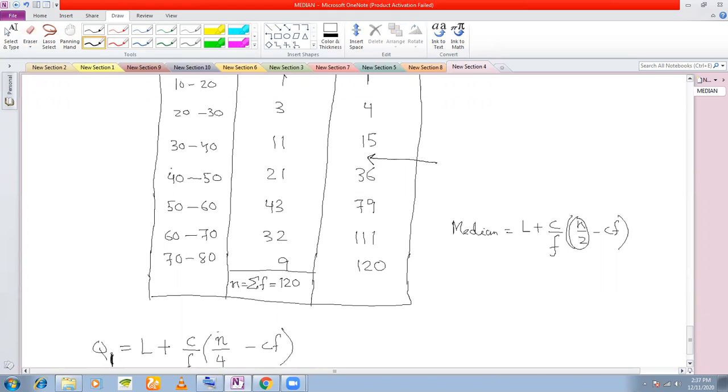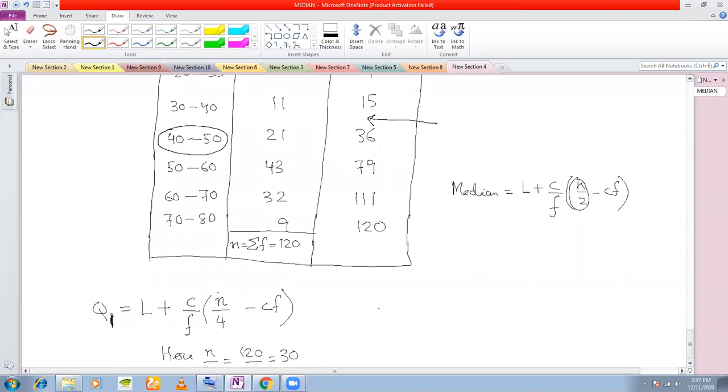So we are going to consider this class for Q1. So therefore, what is Q1? L, the lower class boundary, is 40 plus C by F. Sorry, frequency, not cumulative frequency. What is the frequency of this class? 21.